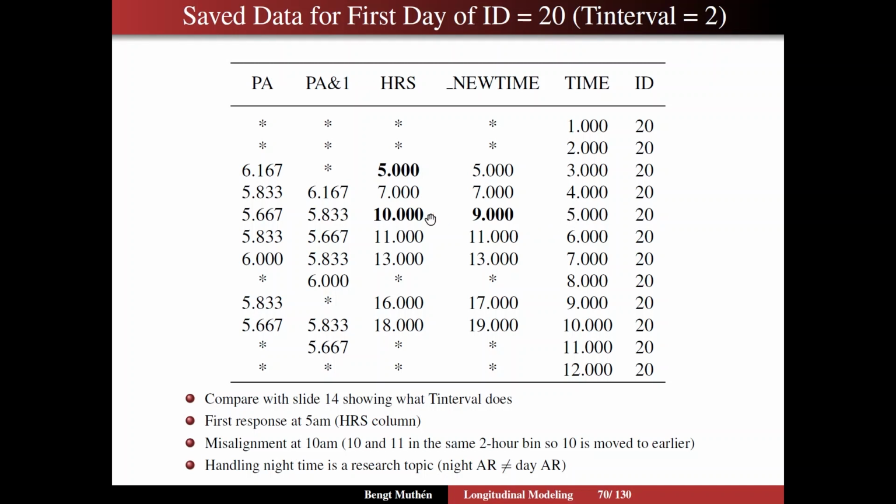So you get a discrepancy here, 10 and 9, whereas 11 stays in the right time bin, the 10 to 11 time bin, which is time 6. So you see that misalignment at 10 a.m., 10 and 11 in the same 2-hour bin, 10 is moved to earlier.